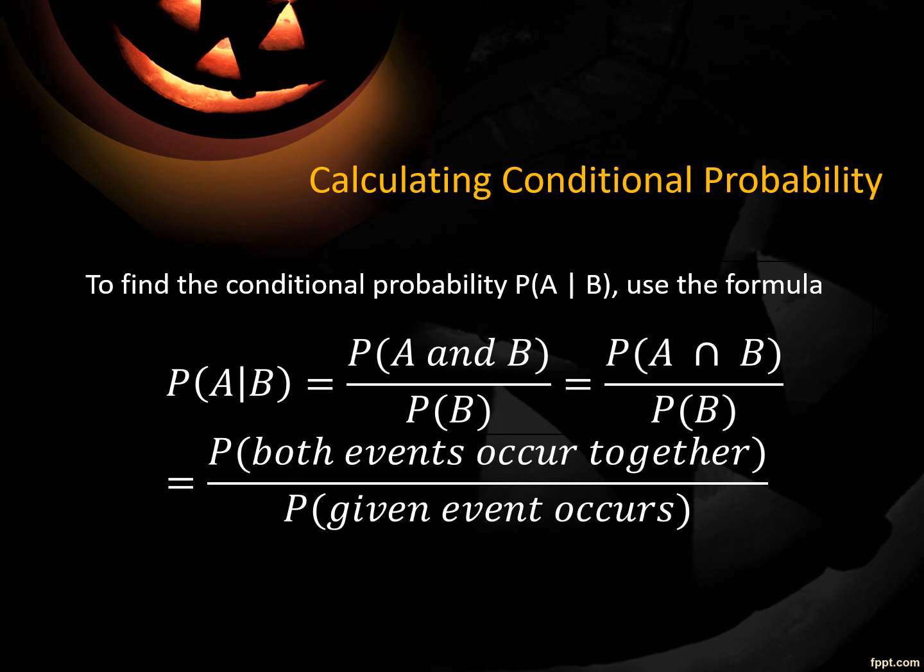To find the conditional probability of A given B, we're going to use this formula. Remember that line means given.